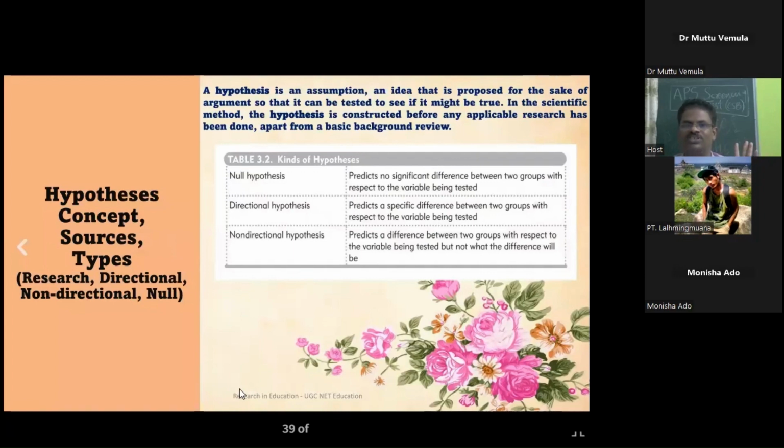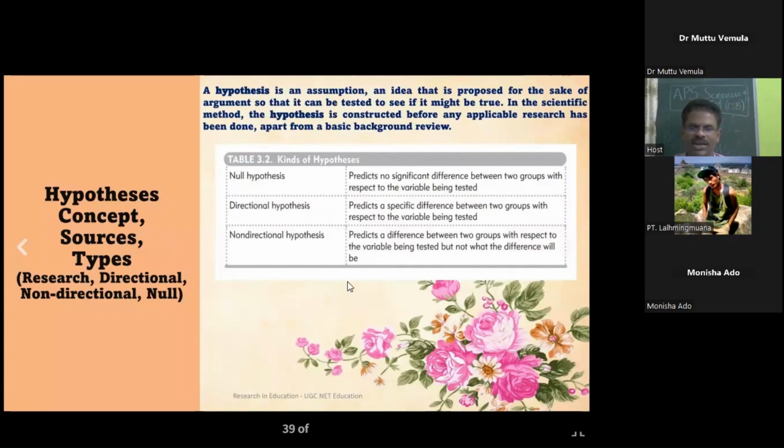The researcher's intention is to argue it or to test it. Therefore, option 4, proving the hypothesis or accepting the hypothesis: you may accept or you may reject. It may be proved or it may be disproved. So therefore, proving hypothesis and accepting hypothesis are not true statements in this context. Good, congratulations PT and Shilpi, both of you answered correctly.